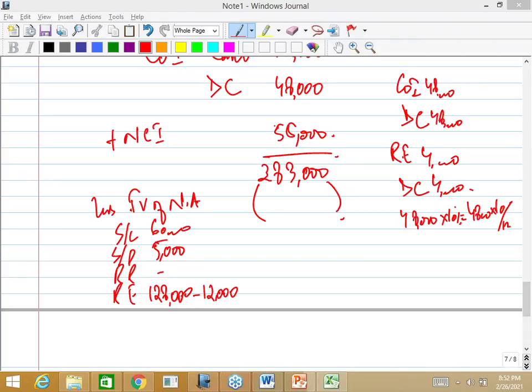So now what will be the net assets? Can you do the calculation? It's 181,000.